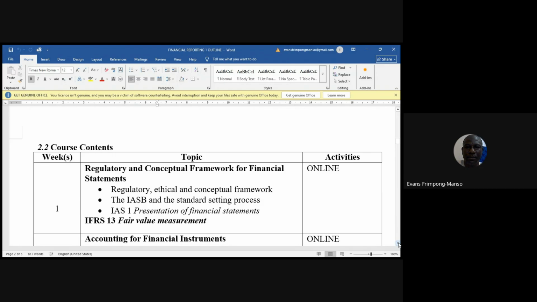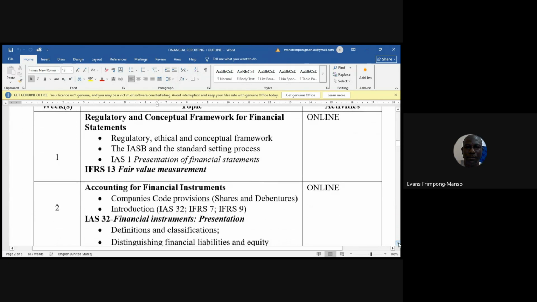Then we shall also look at International Accounting Standard number 1, how financial statements are prepared. Then we will also look at fair value measurement. If we are not able to get to fair value measurement, it is going to be a reading assignment for you, and we will discuss it at our next meeting.